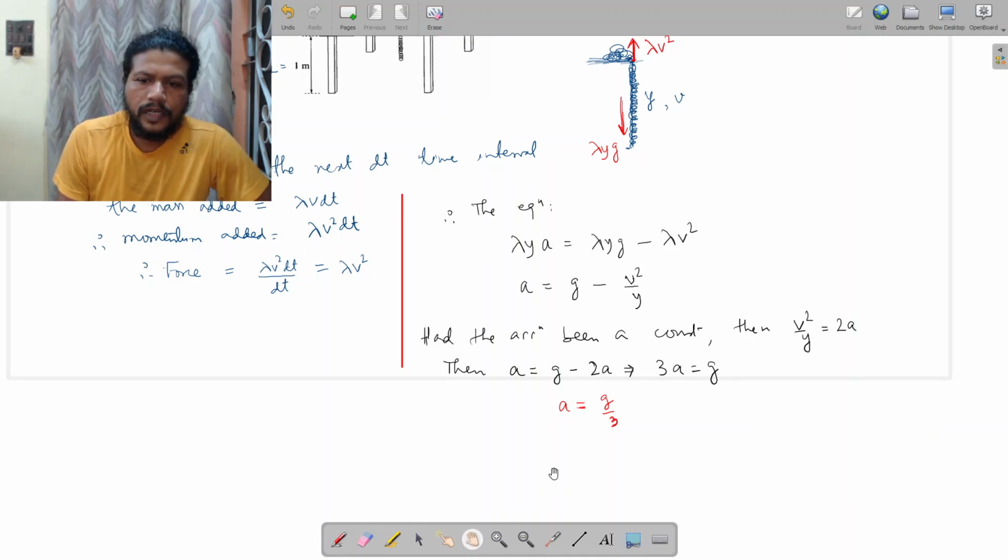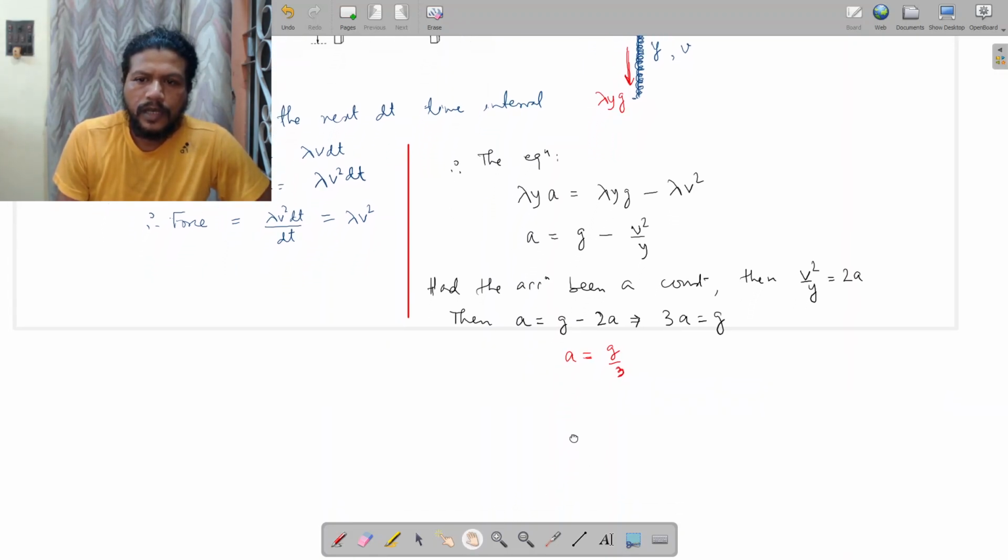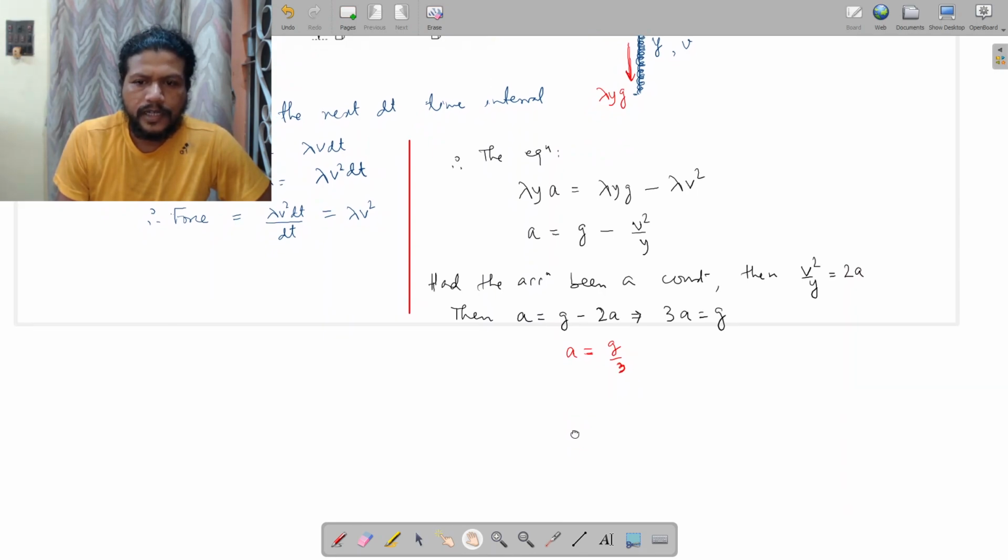And therefore the leading end, as the chain falls, is moving with a constant acceleration of g by 3.